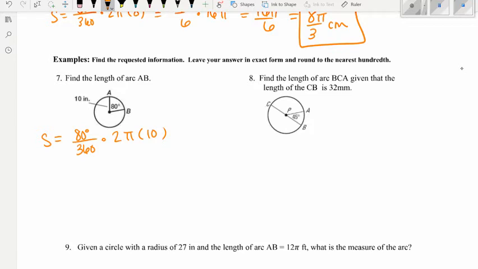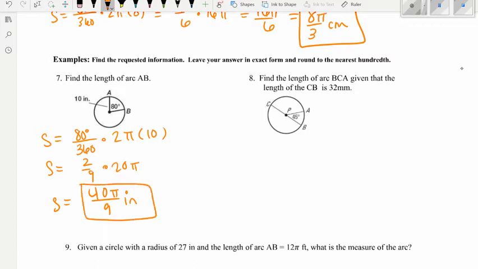So that gives us s equals 2/9 times 10 times 2 gives us 20 pi. So s is equal to 40 pi over 9 inches. So that would be the exact measure.